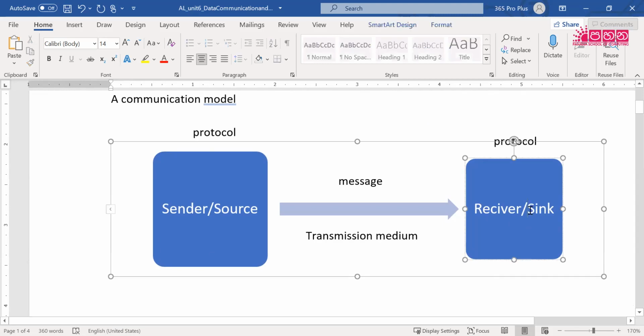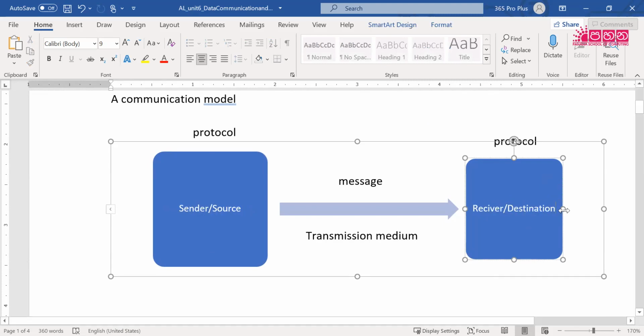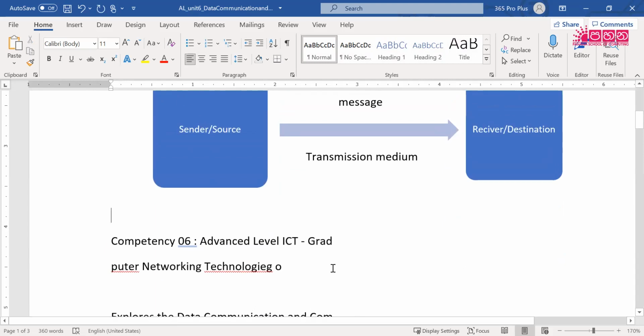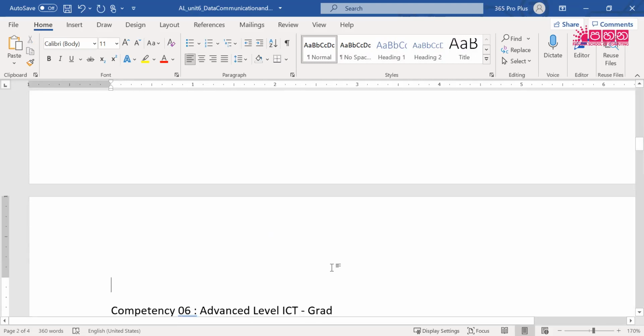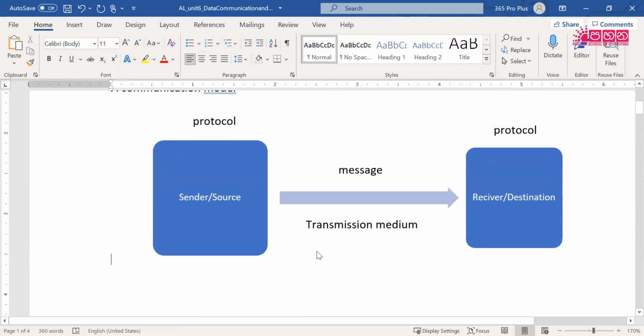We can also look at the destination here. Okay, now let's write down details about this source.